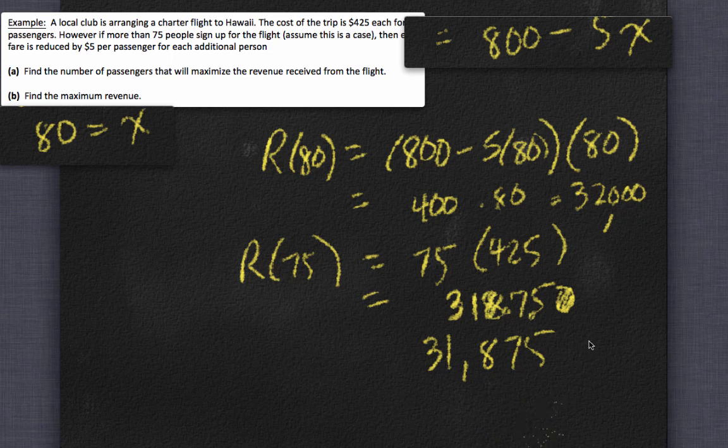Okay, so I think this. So at 75, they make slightly less revenue, and at the 160, they would make 0 revenue because the price would be 0. So you maximize revenue at 80 passengers and the revenue at that point is 32,000.